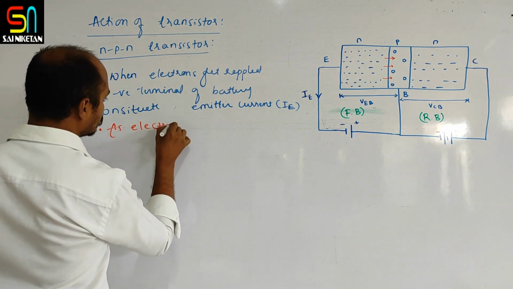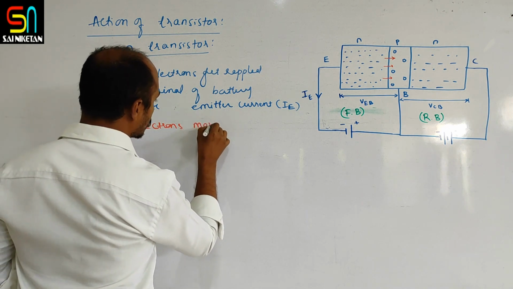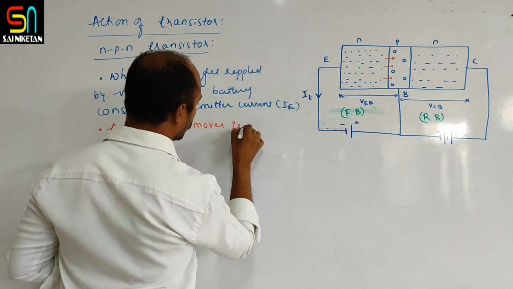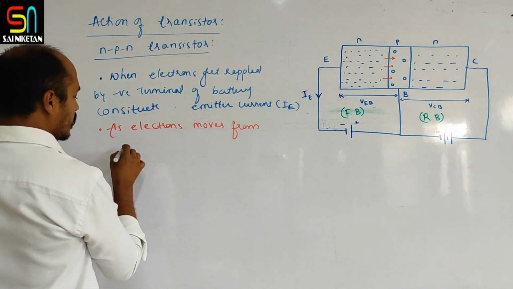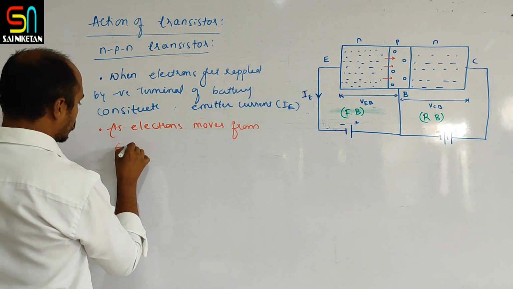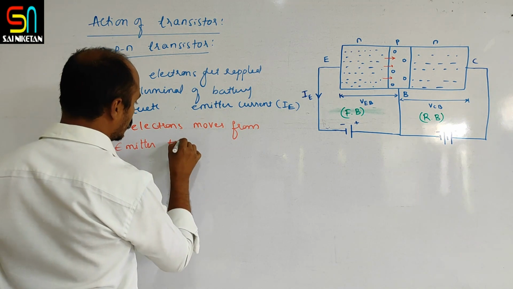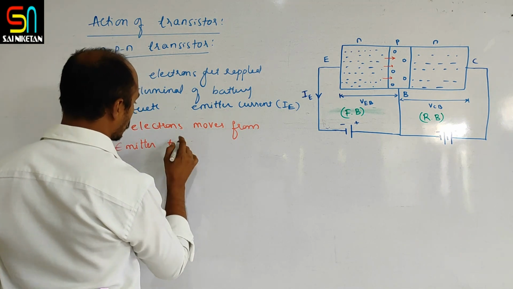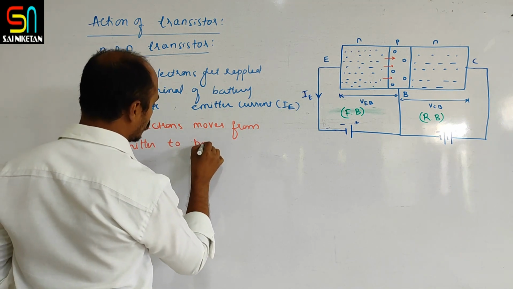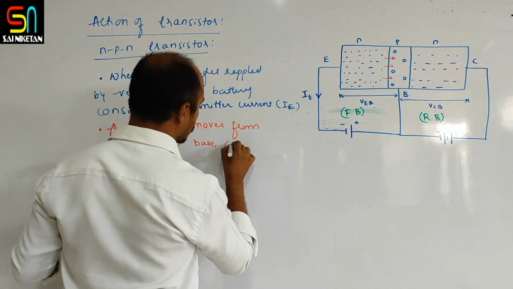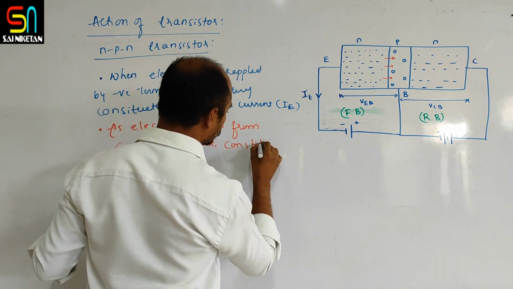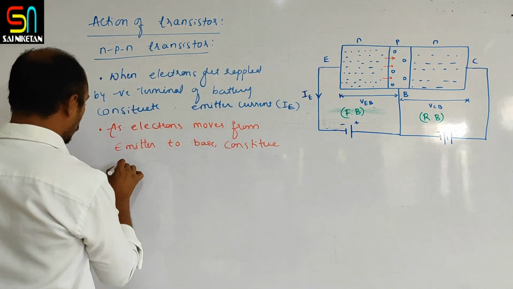Electron moves from emitter to base, constituting the base current.